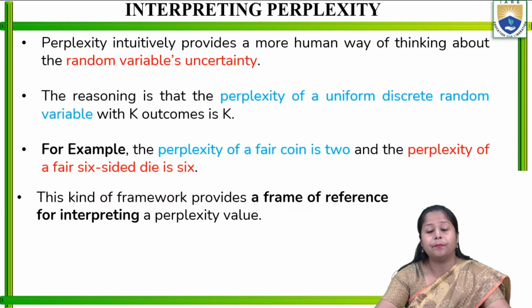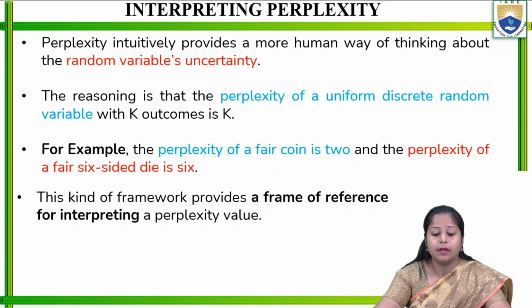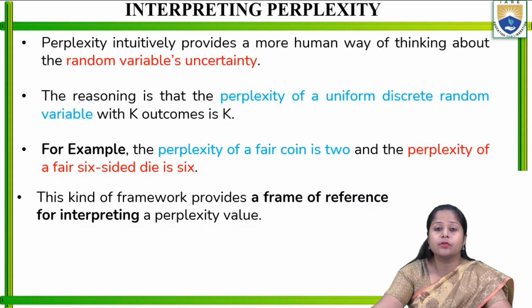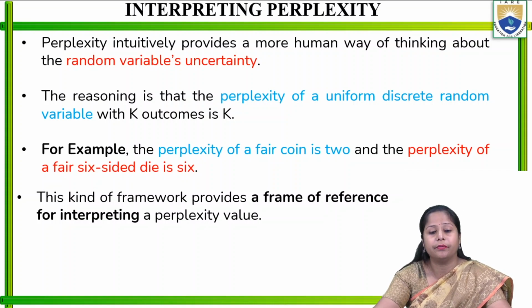Now let's see how to interpret perplexity. Perplexity intuitively provides a more human way of thinking about a random variable's uncertainty. What is a random variable? When we apply a random function, it takes any random value from different data sets and gives us an uncertain value.